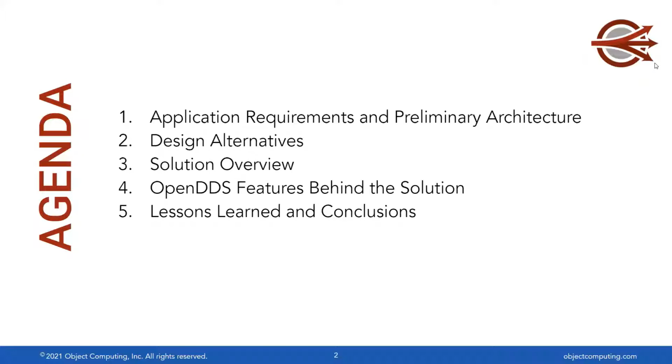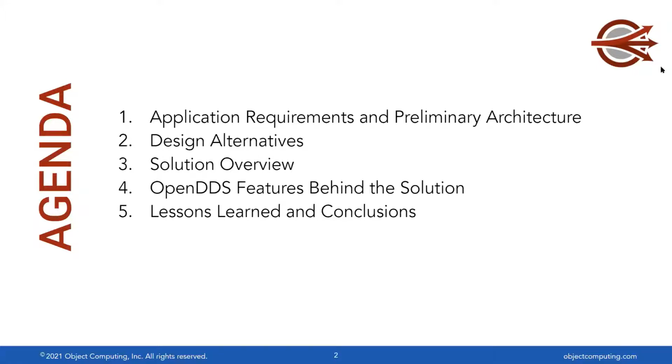So what existing solutions are out there to help us implement the application, and why might we pick one over another? In point 3, the solution overview, what we actually implemented for a real project in this space. 4, going into the details of OpenDDS features used in the solution. And 5, we'll wrap up with some lessons learned and conclusions.